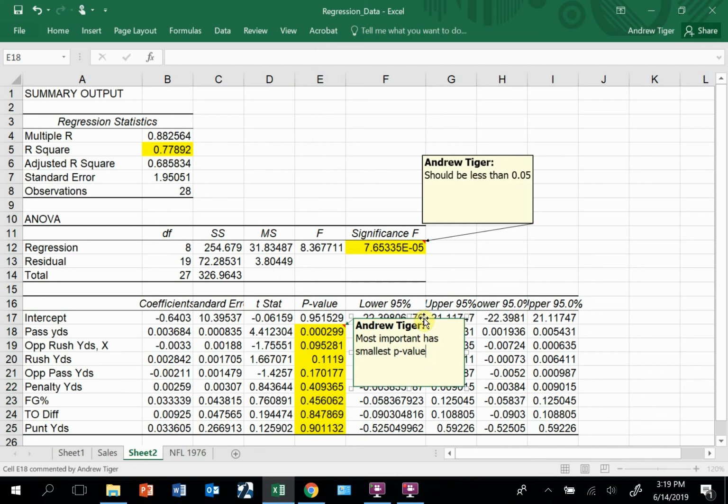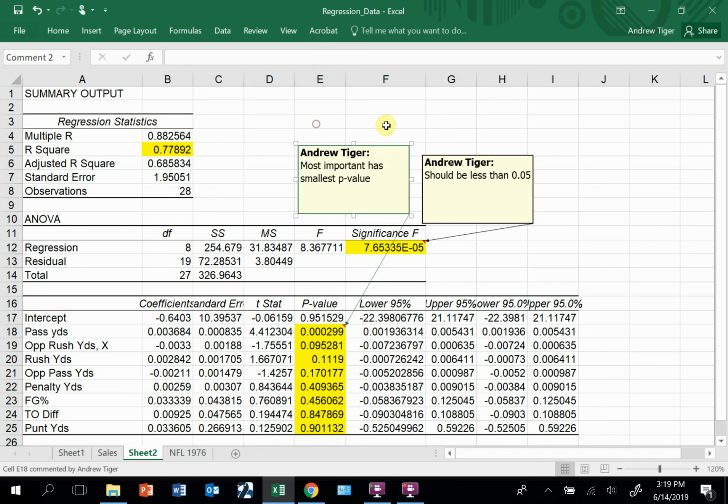After that, we can focus on the coefficients. The coefficients are the slopes. If I'm trying to estimate wins, I need to have an estimate of each of these, and the estimates get multiplied by the individual coefficients.